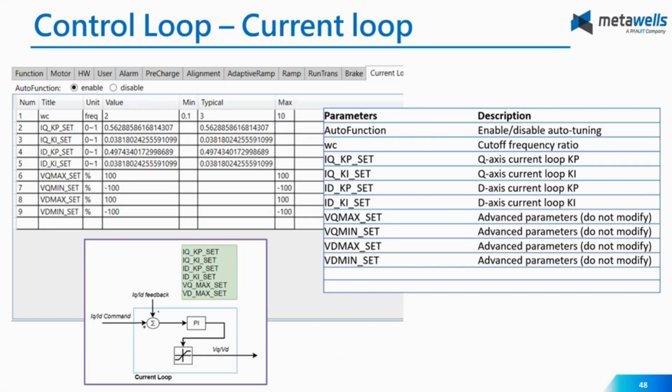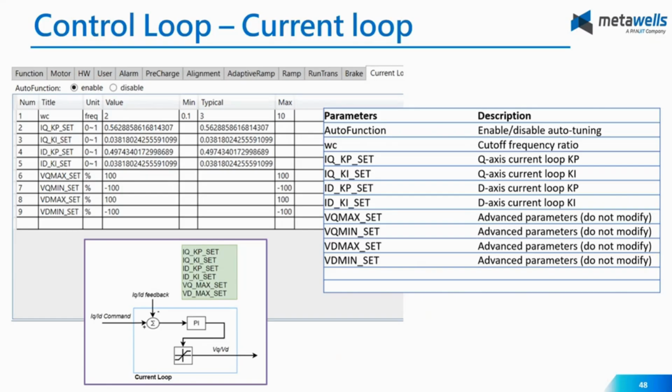In this page, for the current controller, we use an algorithm based on frequency response to tune the current controller by setting the cutoff frequency, omega c here. After inputting omega c, the tool automatically calculates the PI controller parameters.